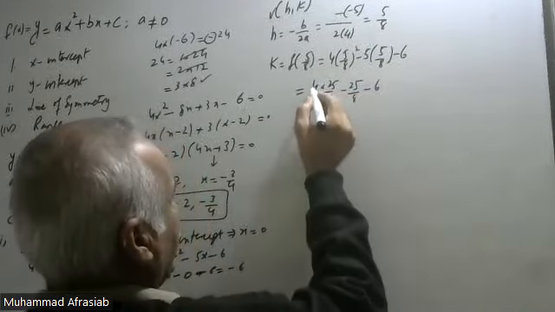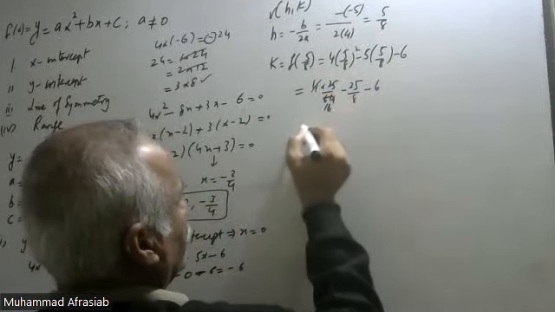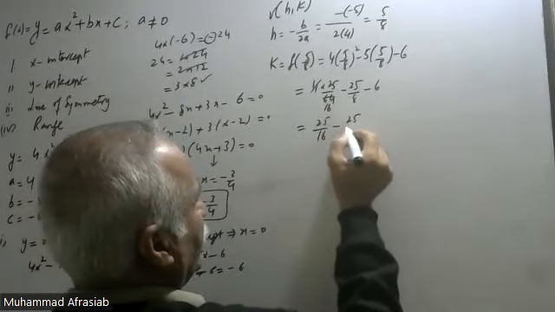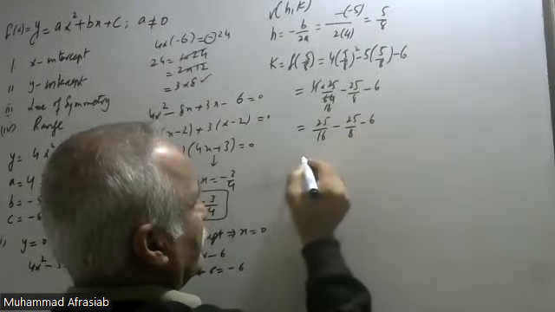This 4 and 64 cancel to 16. So it is equal to 25 by 16 minus 25 by 8 minus 6.